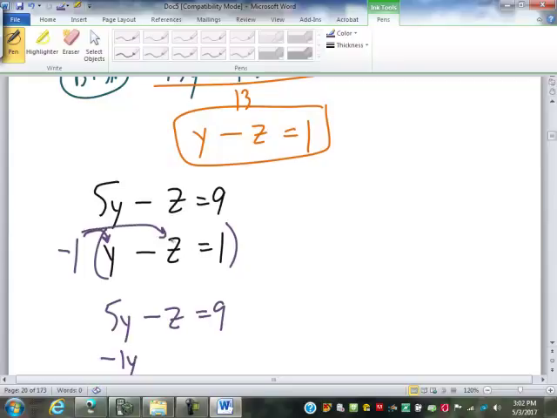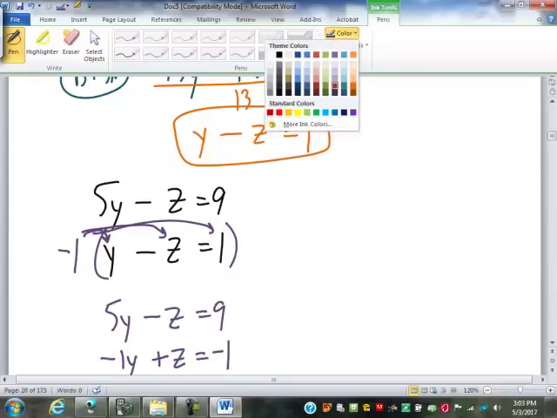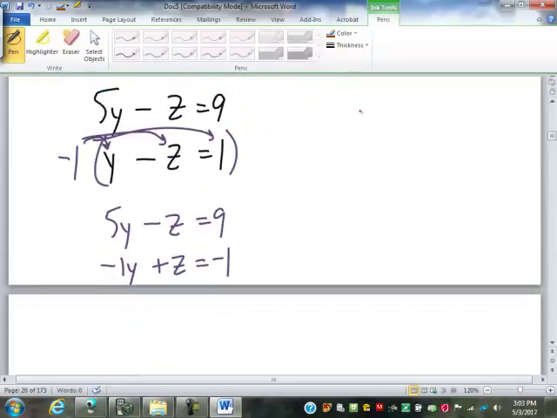Negative 1 times a negative z is positive z. And negative 1 times negative 1 is negative 1. So we add those two equations. 5y plus a negative y is 4y. Negative z plus z cancels out. 9 plus negative 1 is 8.